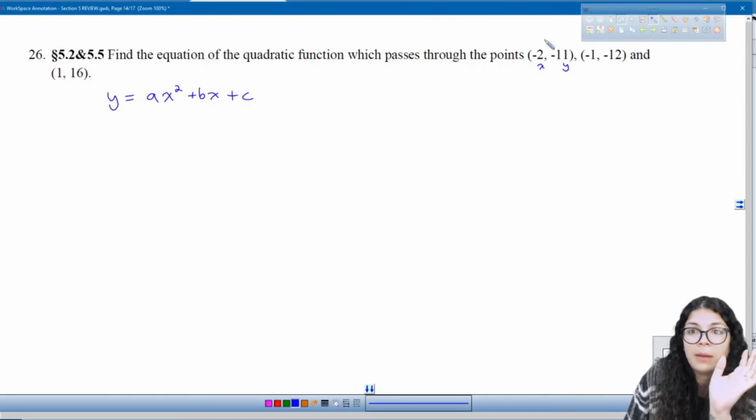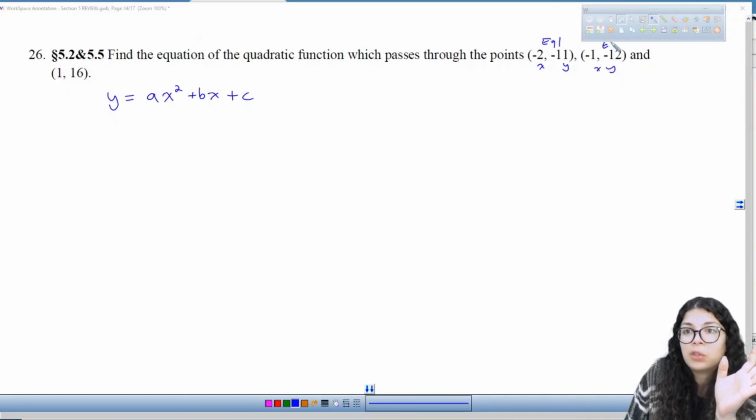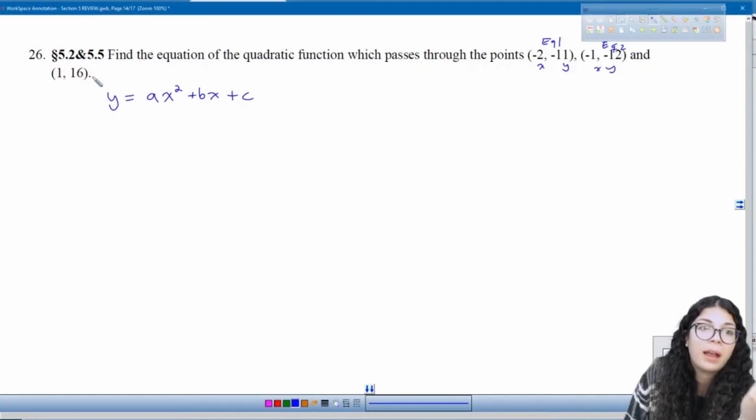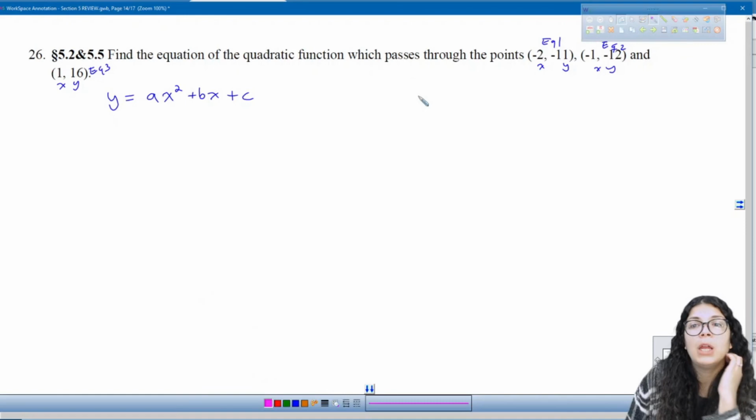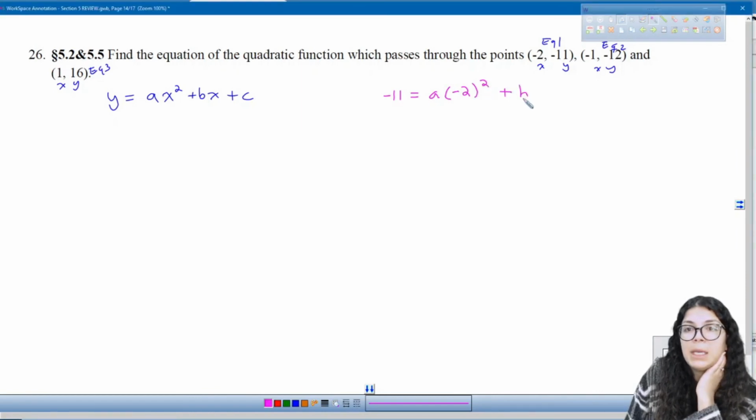X, y will give me equation 1. Then this x, y will give me equation 2. And then this x, y will give me equation 3. So let's go ahead and do that. Starting with the first one, y equals a times x squared plus b times x plus c.